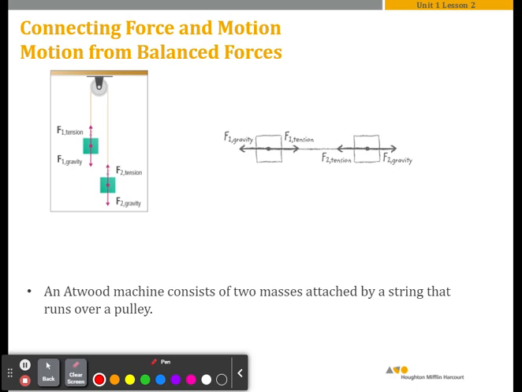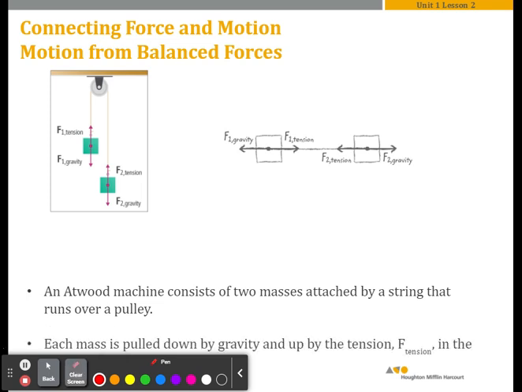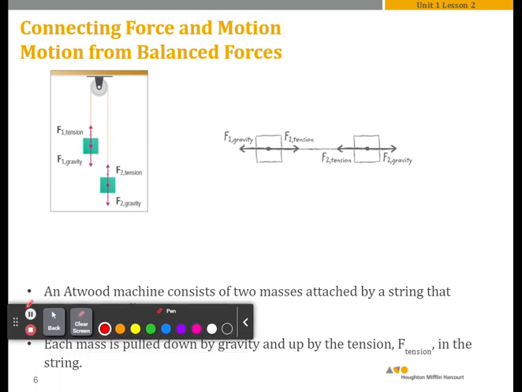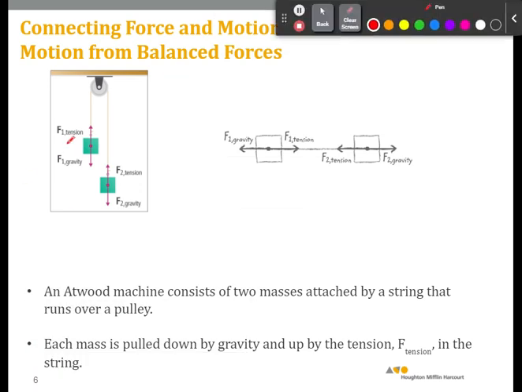But in an Atwood machine, you have two masses attached by a string that runs over a pulley. If we draw a free body diagram for each of those masses, it would look like this. Each mass is pulled down by gravity and up by the tension in the string.